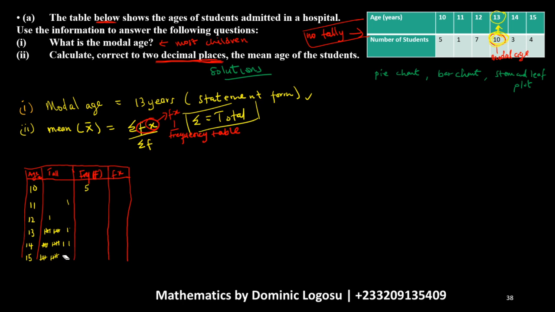Sorry about that. I was looking at the wrong thing. So the tally basically is supposed to be our frequency. So with this one, in order not to get confused as I got confused, 5, 1, 7, 10.